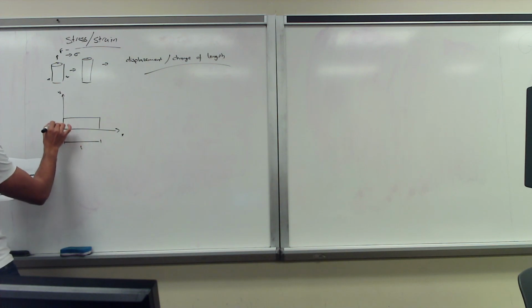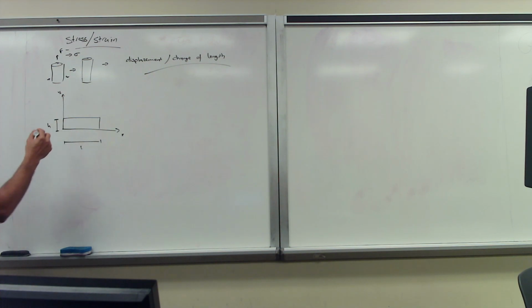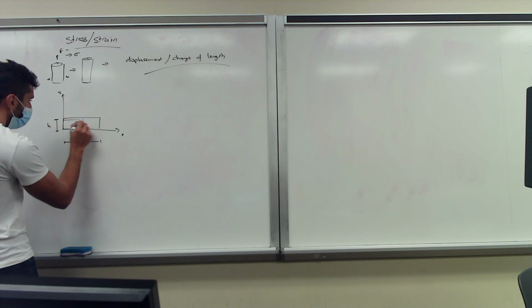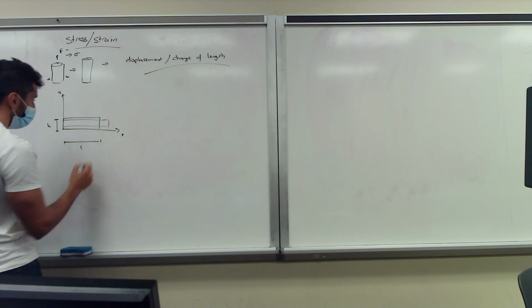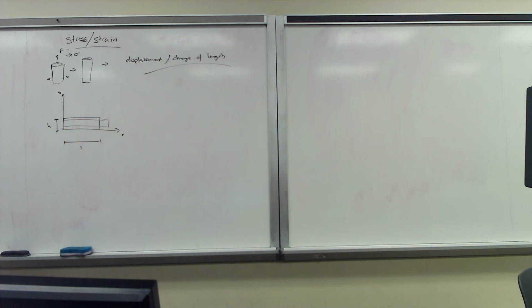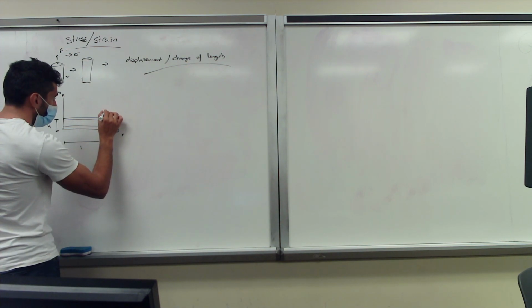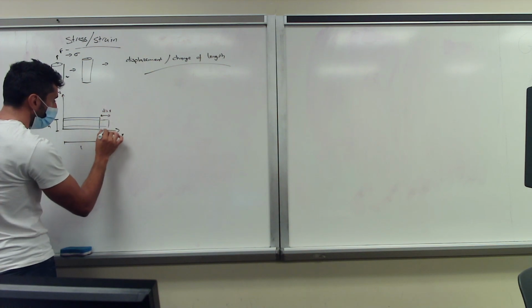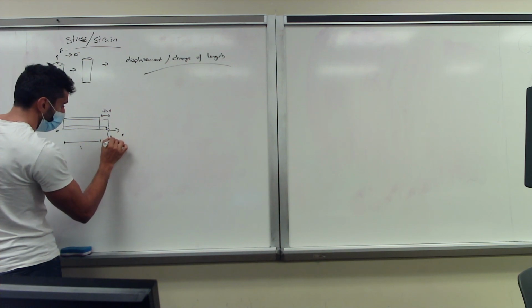This is the length L, the height H, and after deformation, what we get is a new form. So we have some additional displacement in the X direction, and we get an additional displacement in Y.